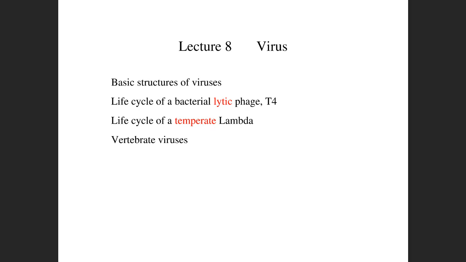And then we will discuss the vertebrate virus, which will include, at the end, I'll mention COVID-19. And we will have another lecture to spend more time on actual COVID-19 and how it works. But today's lecture is to lay the foundation for all the viruses, right?